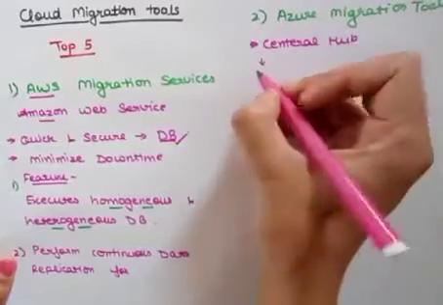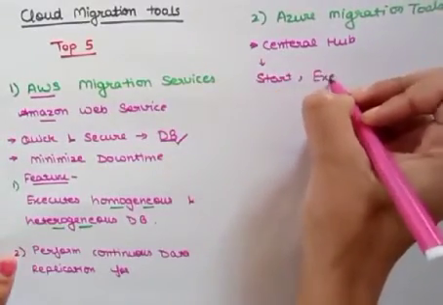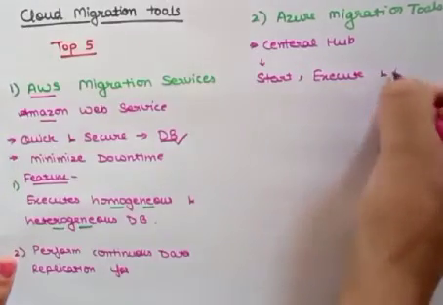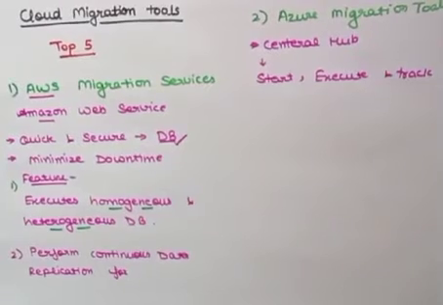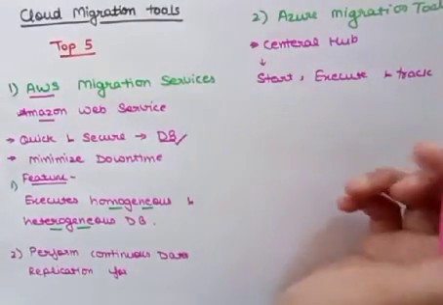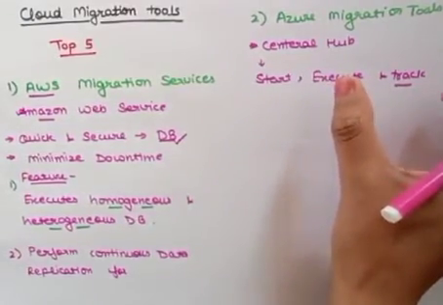With the help of this we can execute and we can track the complete migration process. The tool provides an extensible and flexible approach by using assessment and migration tools to streamline your migration process, right? That means we can easily track the process of the migration.